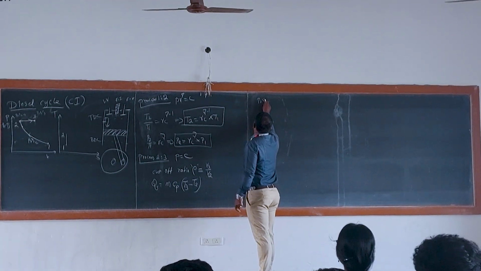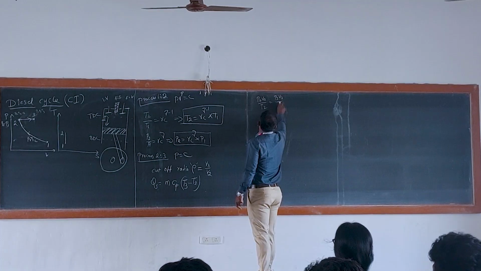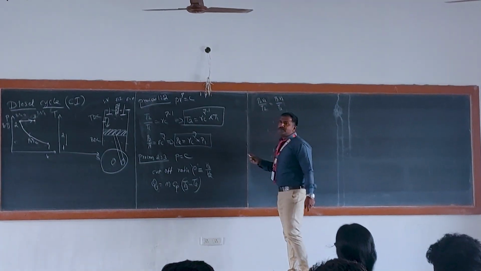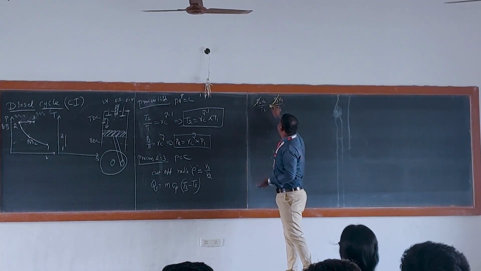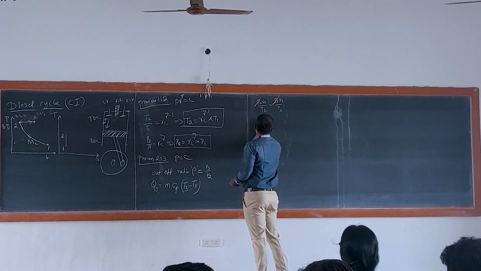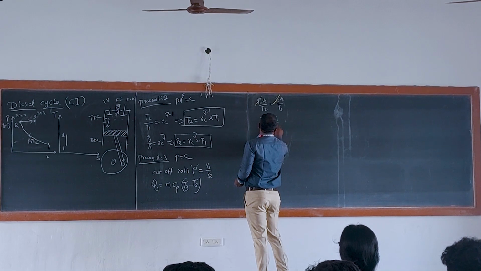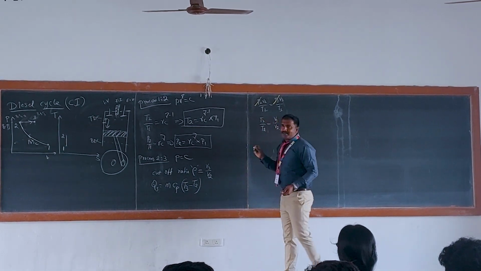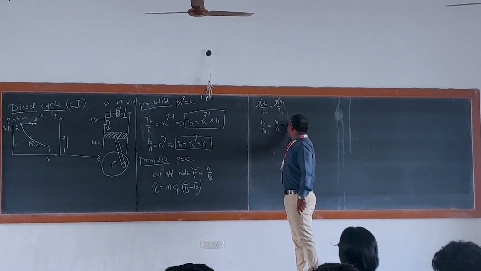P2 V2 divided by T2 is equal to P3 V3 divided by T3. Which one is constant here? Pressure is constant, so pressure will get cancelled. So this equation can be written as T3 by T2 is equal to V3 by V2. That is the cutoff ratio.